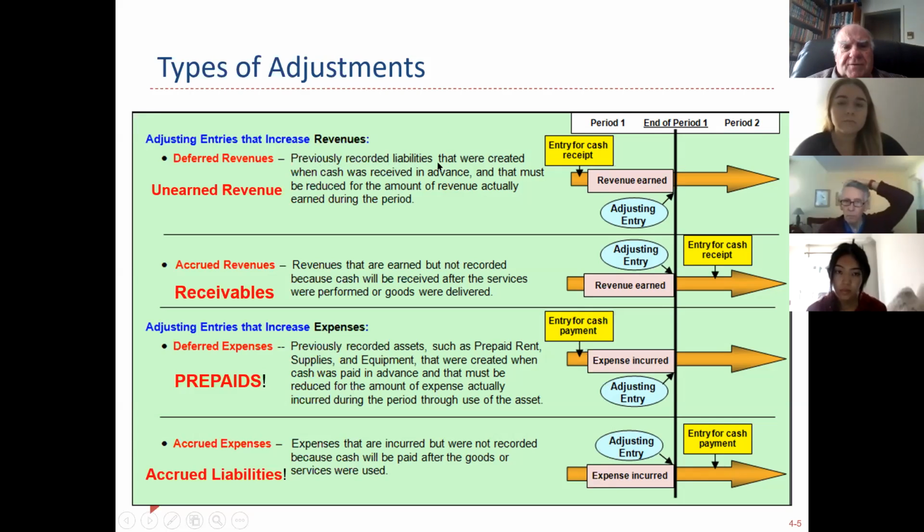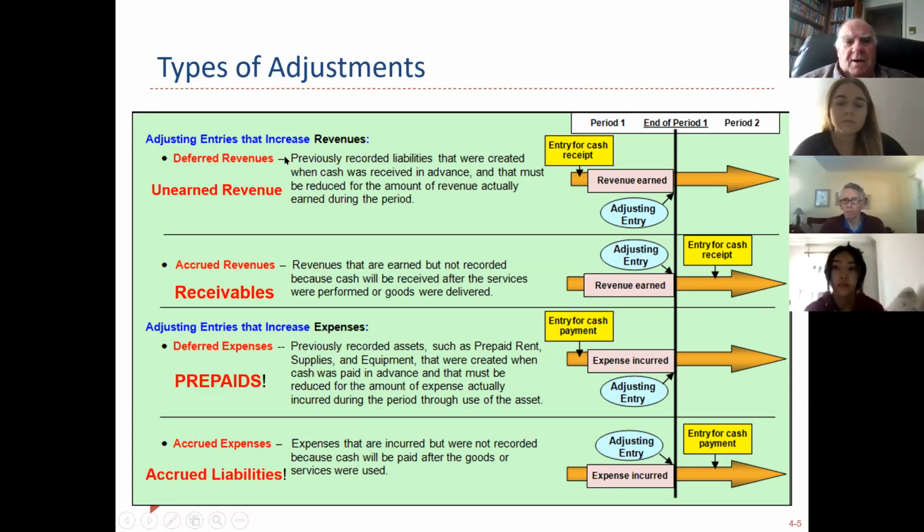When I sent the Dodgers money for season tickets a couple of years ago, they got the money in February and they debited cash, but they could not credit income. They could not credit sales. They could not credit ticket revenue because they had not earned the money yet.